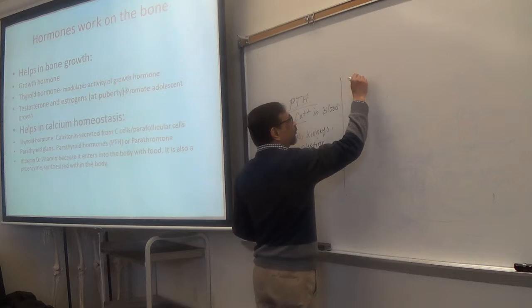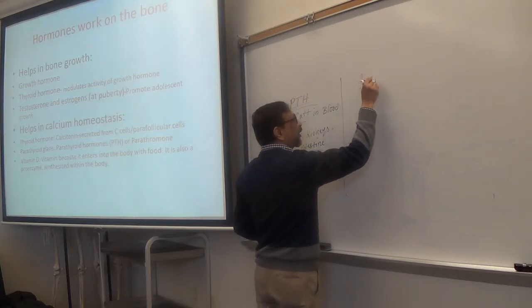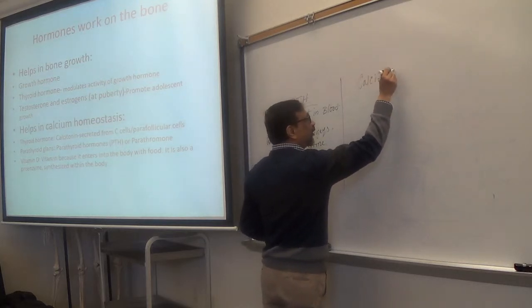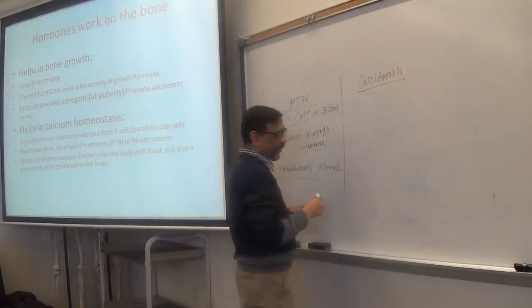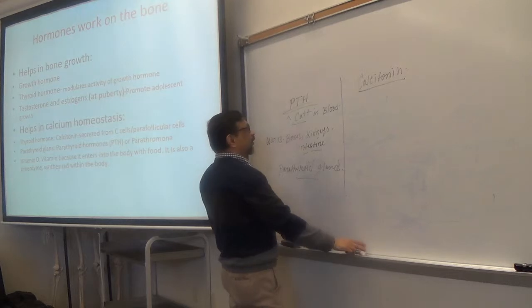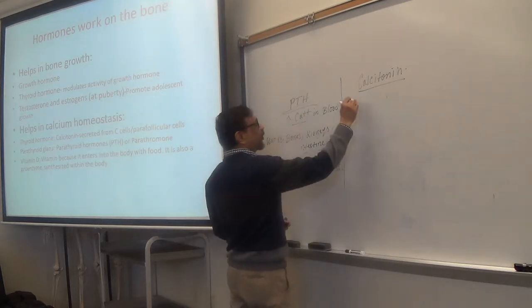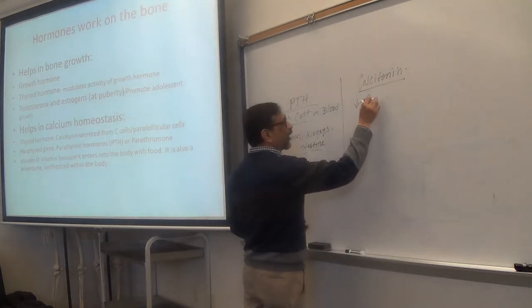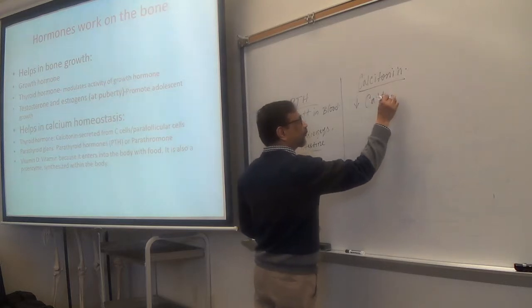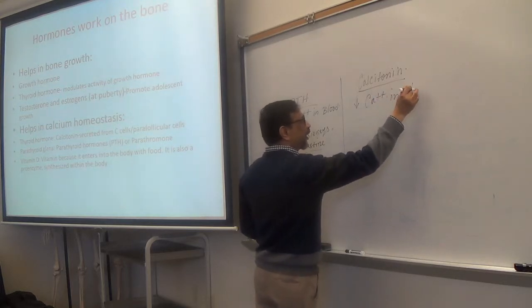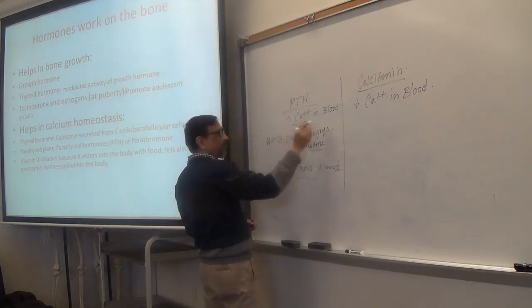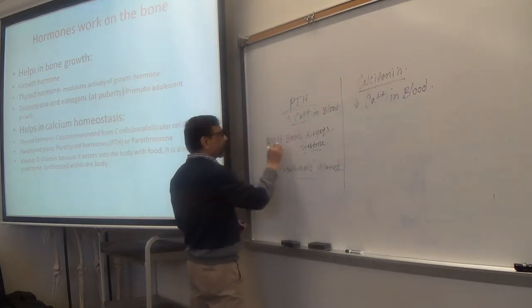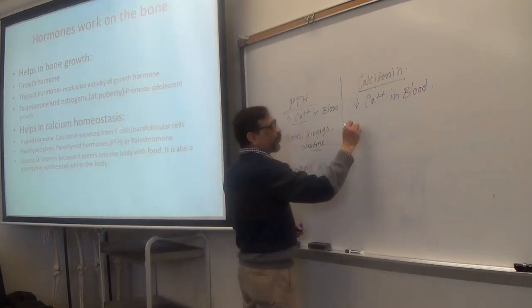Calcitonin. Calcitonin does the opposite, right? Its action is opposite. That means it lowers the blood calcium. So calcitonin works in the opposite way.